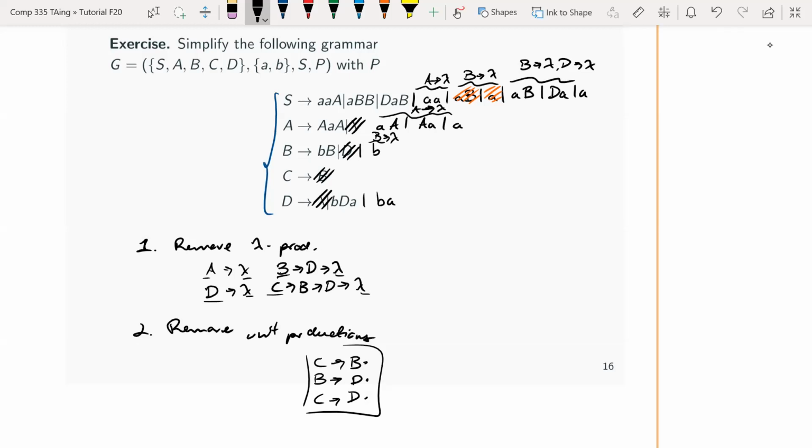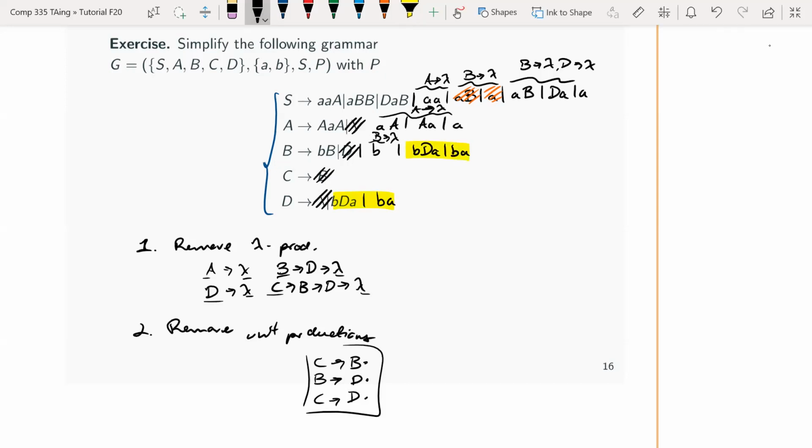Okay, and then for B, I'm going to add the production rules for D to B. So I'm going to add BDA and BA, right?